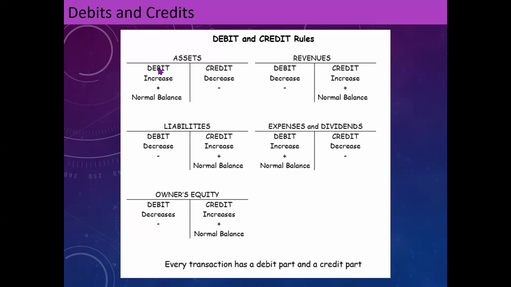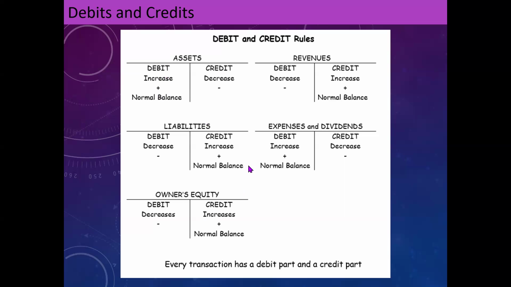So since an asset is increased with a debit, its normal balance is on the debit side. We would expect to have positive cash or positive value in our supplies or equipment. So if you just remember the normal balance is the side of the account, debit or credit, where it's increased, that will help you get a sense for normal balance.